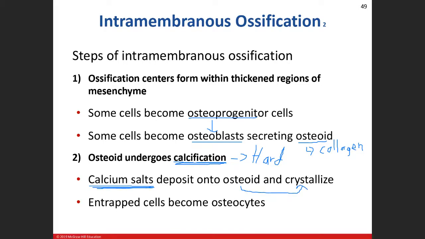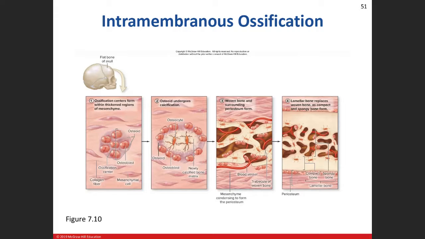Unfortunately, we've trapped our osteoblasts in that matrix, and they convert into osteocytes. Come right back to this slide. That's what we see here. So our osteoblasts have made that matrix.